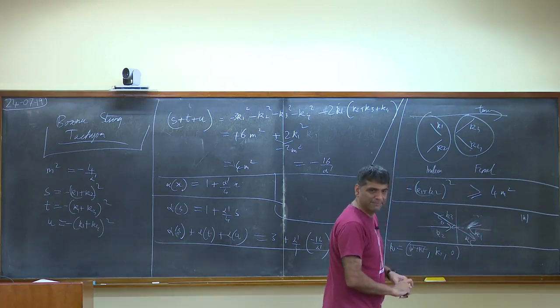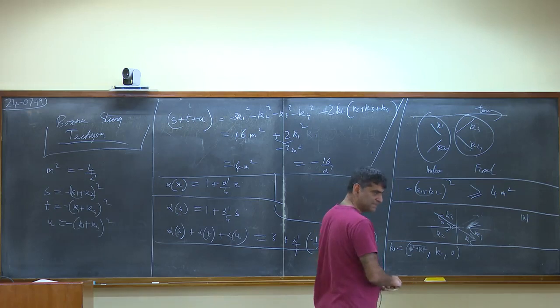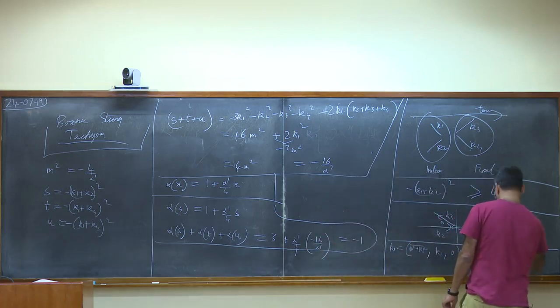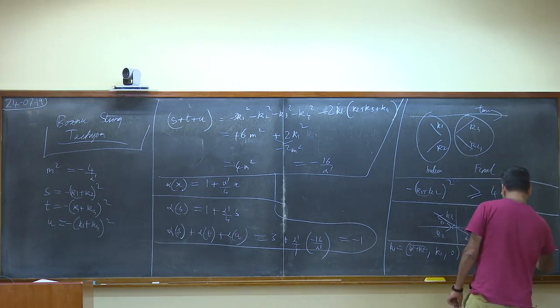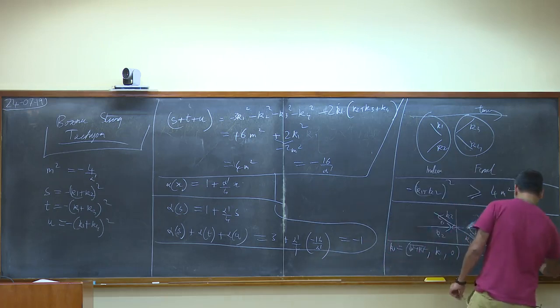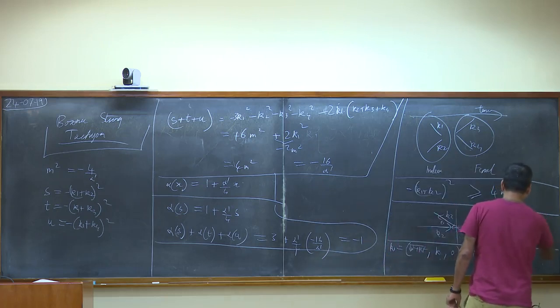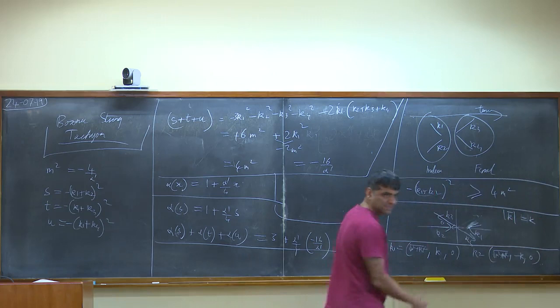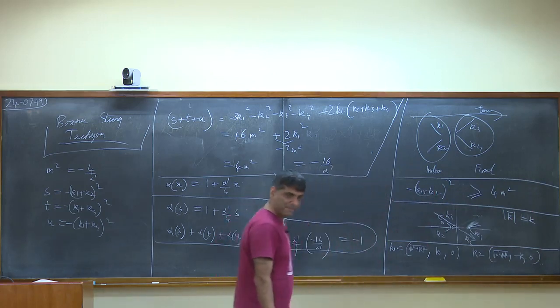Everything's happening in a 3-plane. Okay? K2 would be square root of m square plus k square, minus k and 0. Just call this k. The modulus of all momenta is k. Just opposite direction, same energy.